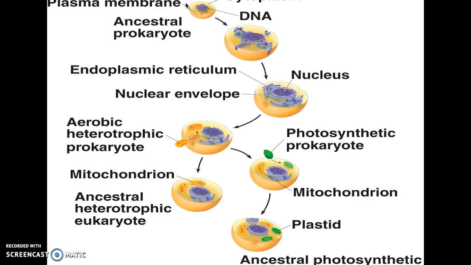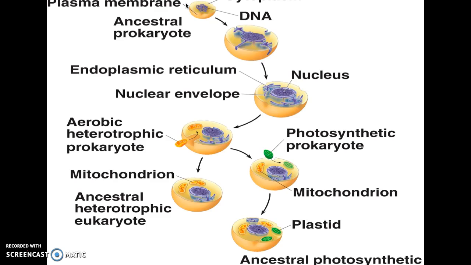We start with just a plasma membrane, cytoplasm, and DNA in the center. What ends up starting to happen is we have some inversions in the plasma membrane, and it starts making some of the organelles. The first organelles that we get are the nuclear envelope, which surrounds the DNA, and then the nucleus, and then the next thing that we get is the endoplasmic reticulum.